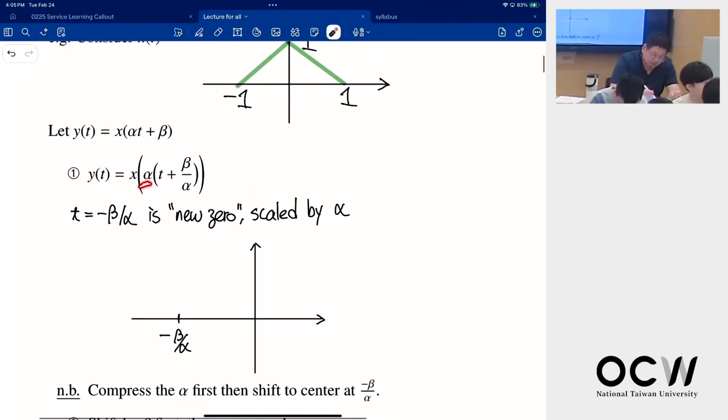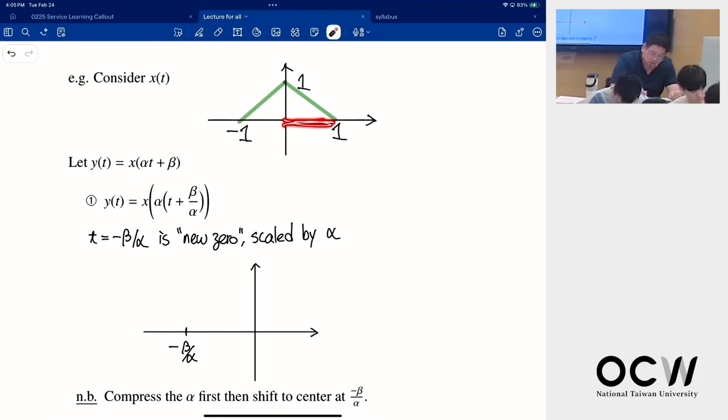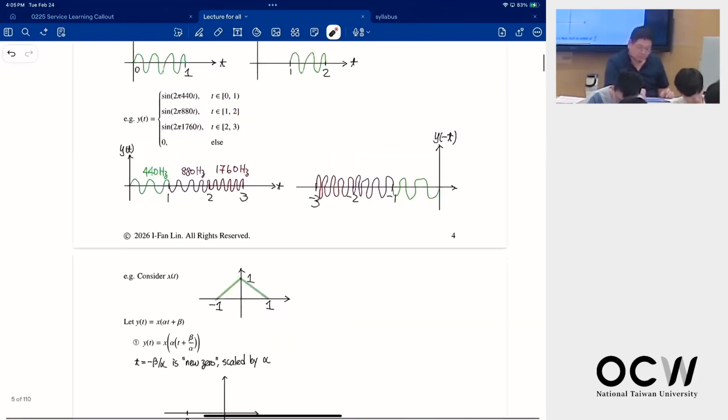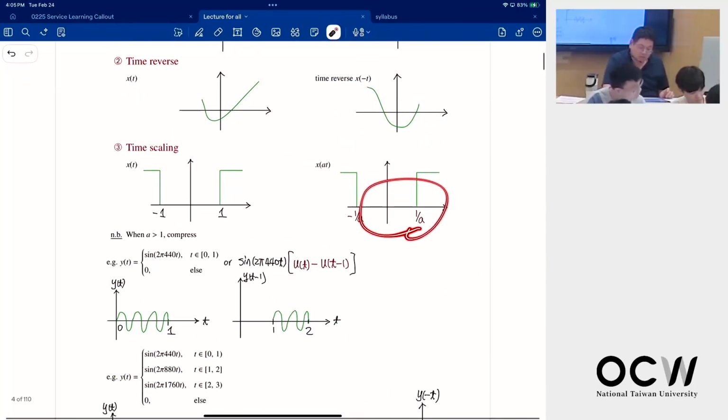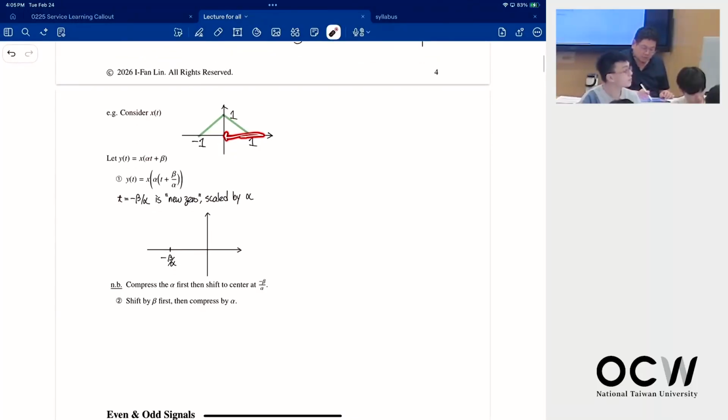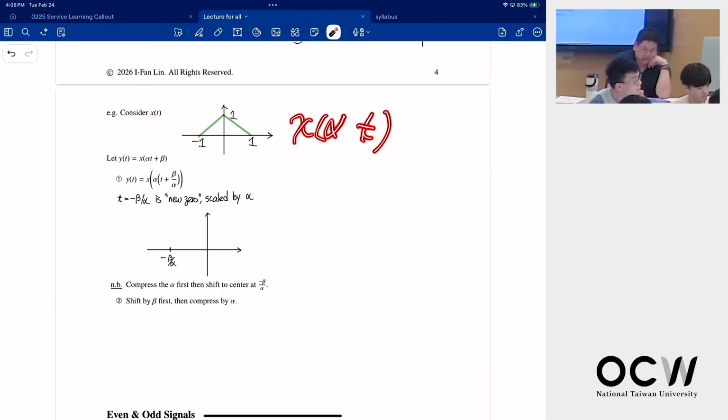If I scale by alpha, the width will become 1 over alpha, right? Here, 1 over alpha. Okay? So now this width will become 1 over alpha minus 1 over alpha. Okay, the width will be 1 over alpha. Again, x over alpha t. In this case, it's 1 over alpha minus 1 over alpha, right?